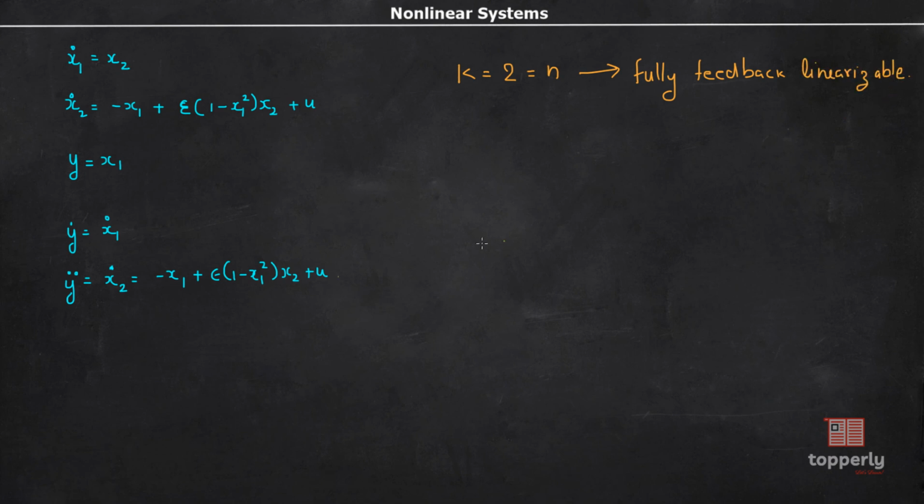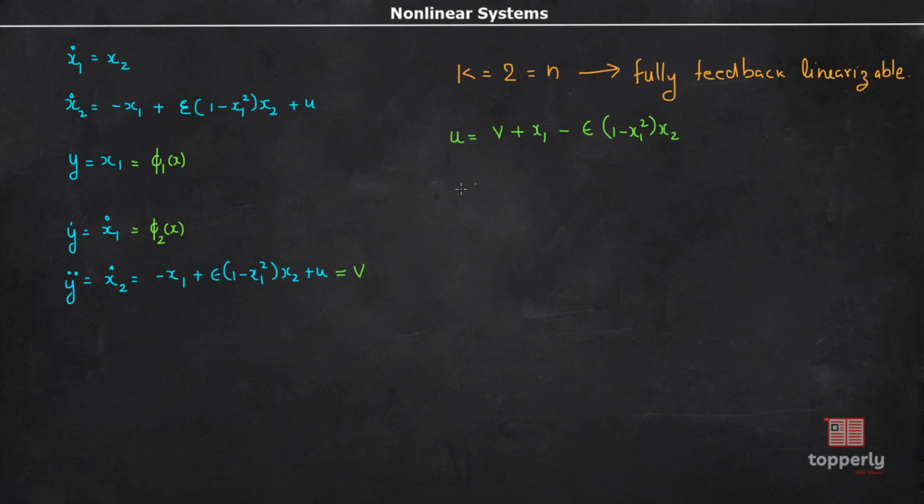Now we choose the input u such that y double dot is equal to v. Therefore, u is equal to v plus x1 minus epsilon into 1 minus x1 square into x2. Also proceeding as we studied, let y equal phi1 of x and y dot equal to x1 dot equal to phi2 of x.